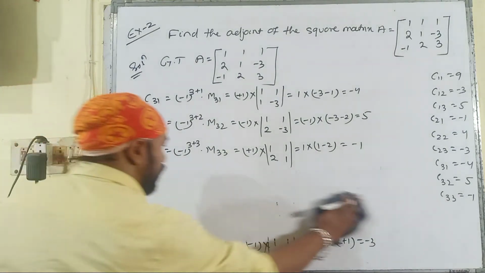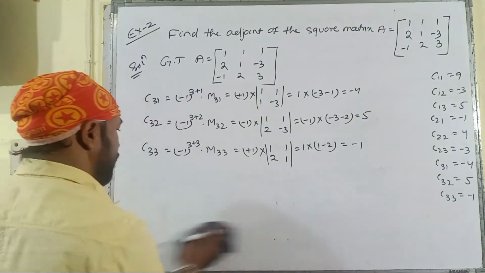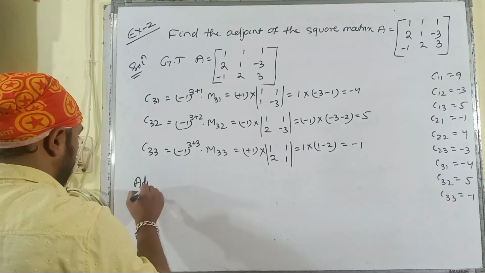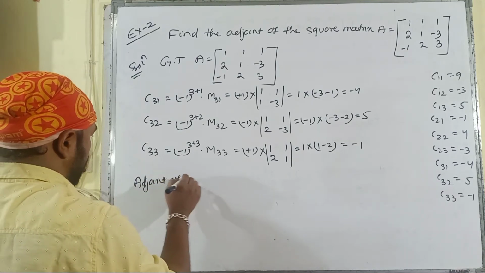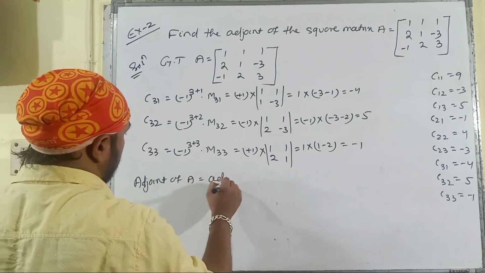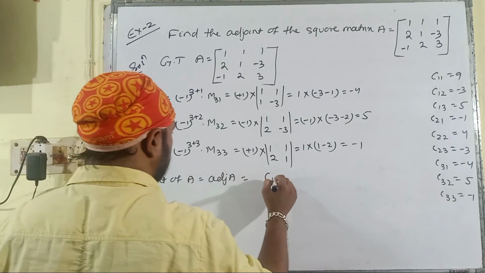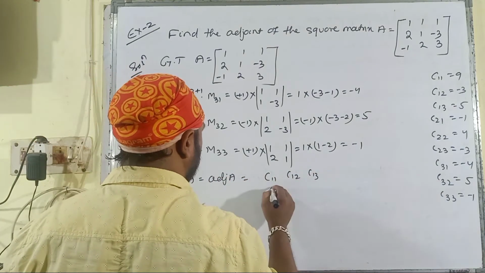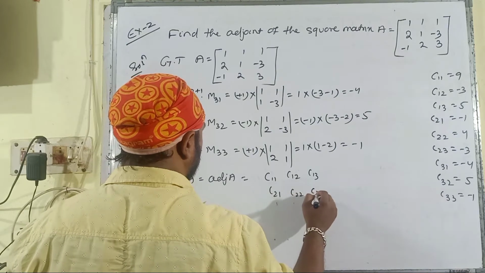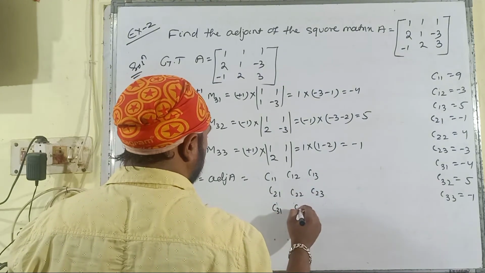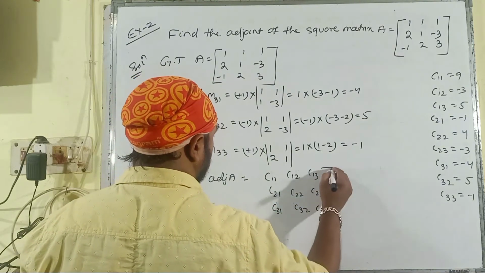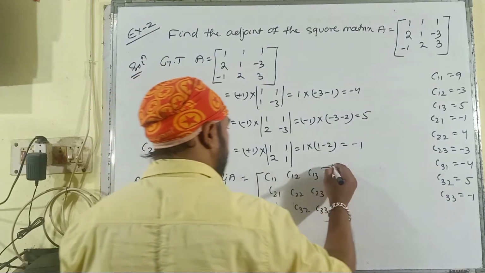Then let us go through the adjoint of the given matrix A. Adjoint of A, ADJ of A, is defined as C11, C12, C13, C21, C22, C23, C31, C32, C33, and its transpose.